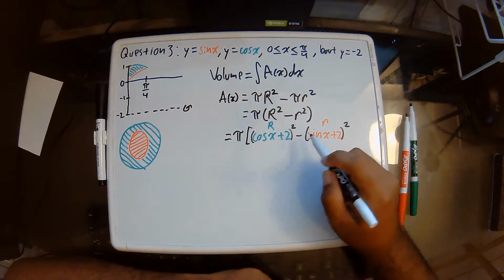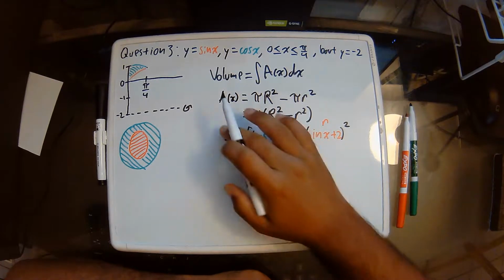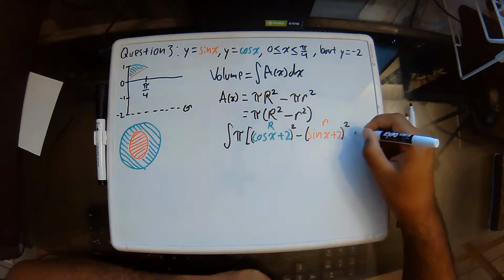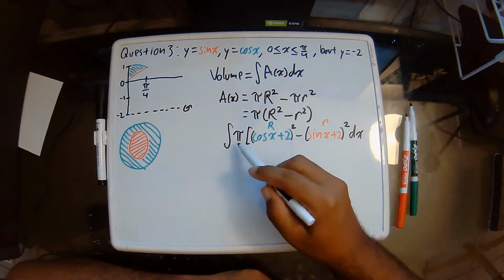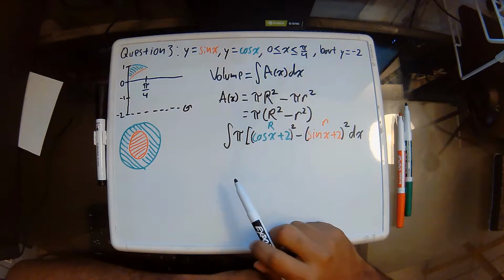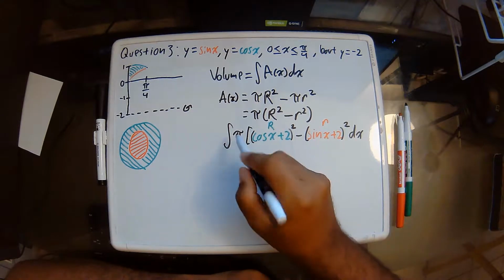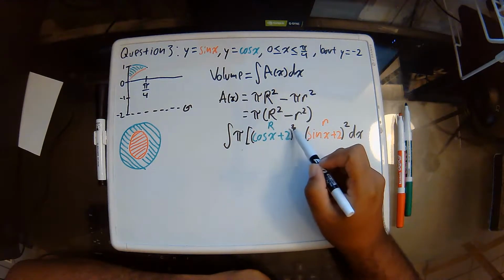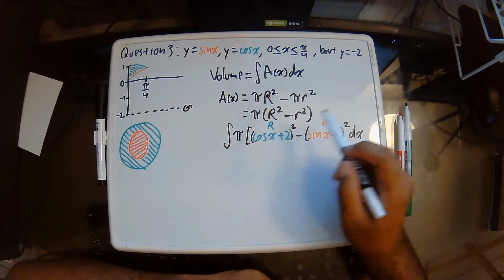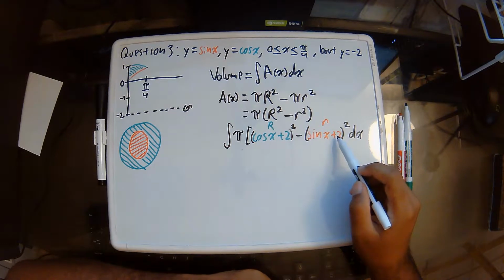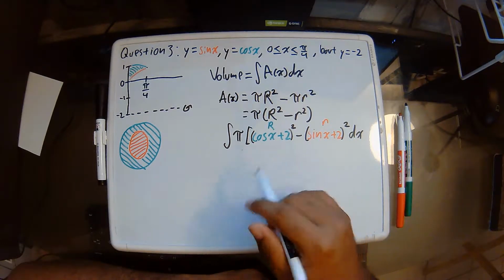So now that we have this set up, we have to integrate this because this is our area right here. First things first, I'm going to bring out this pi and I'm going to FOIL capital R and lowercase r, and I'm going to do that all in one step.